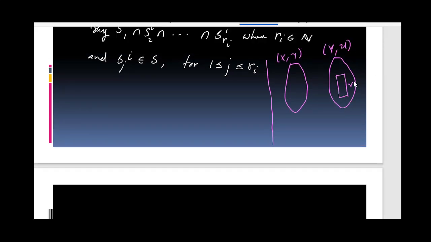And this has got a base, so V I can write as a union of some base elements.